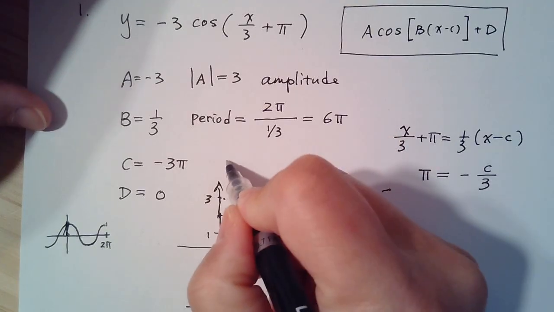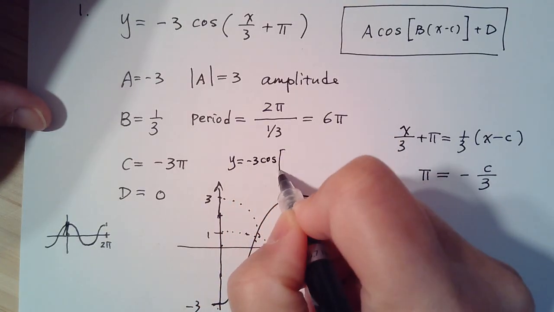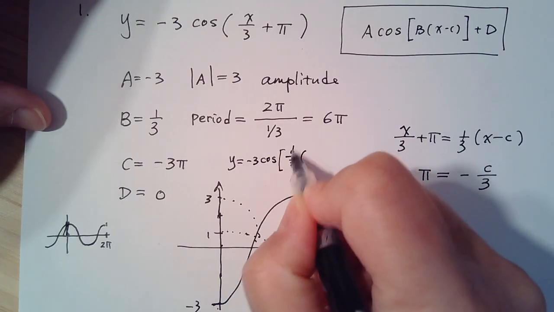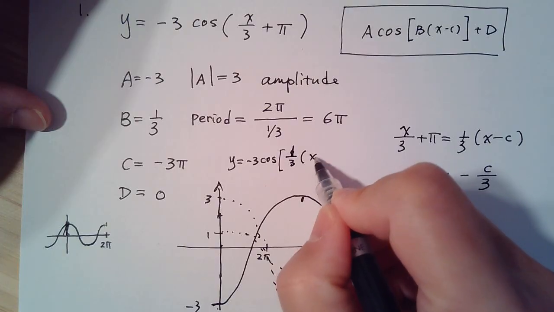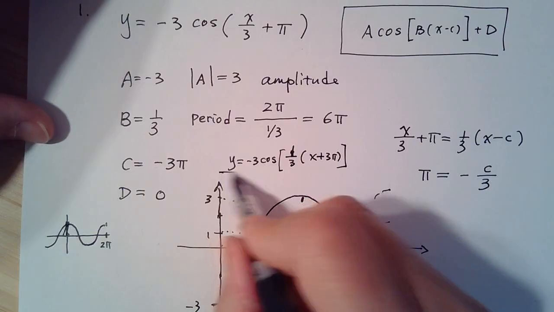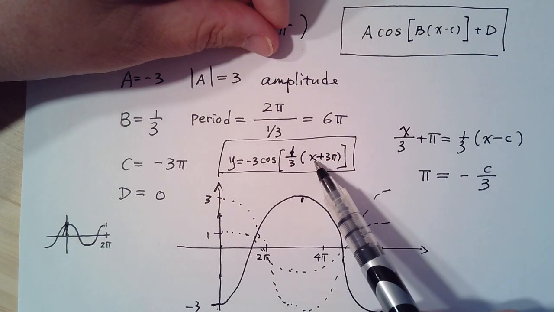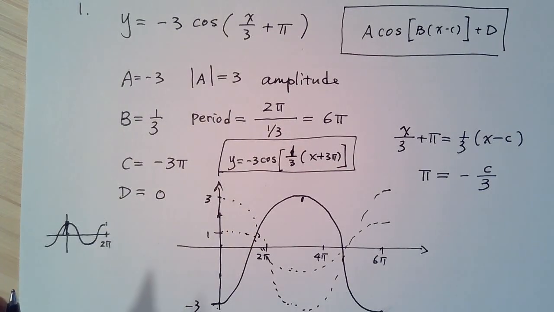Right, that y equals -3 cosine 1/3 over, here should be x minus c, x plus 3 pi. It should be like this. Okay. All right, now, do you see this x plus 3 pi, which means I'm going to shift this to the left by 3 pi, isn't it?